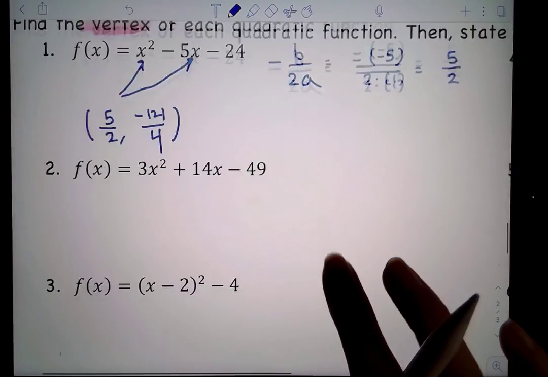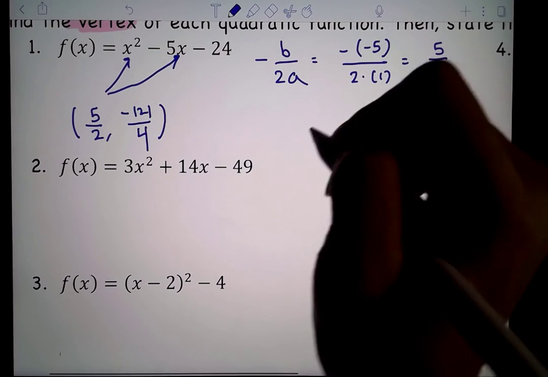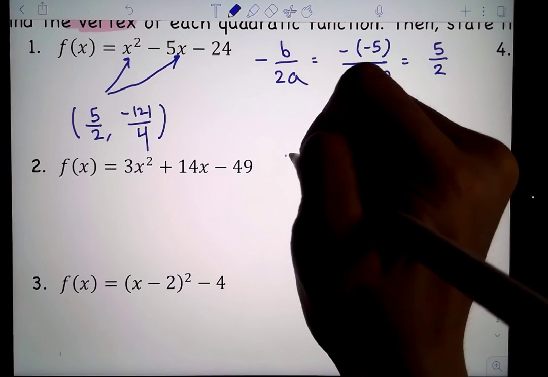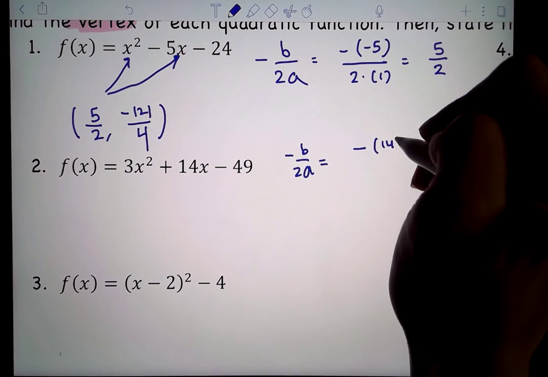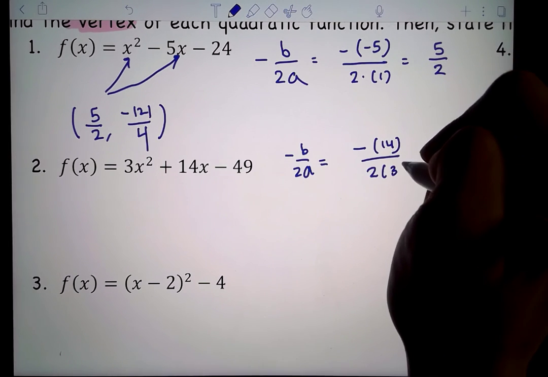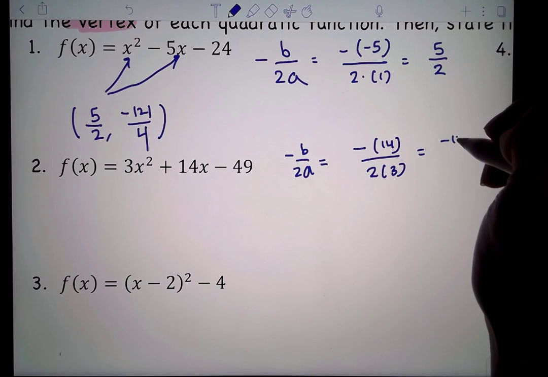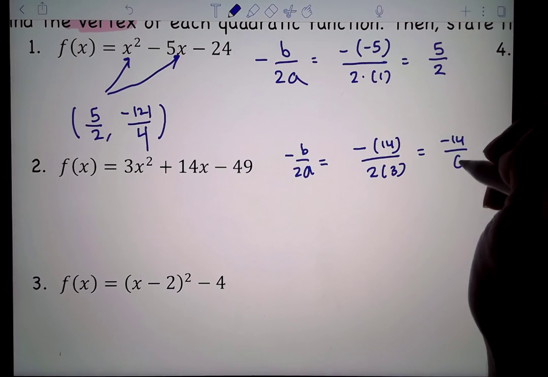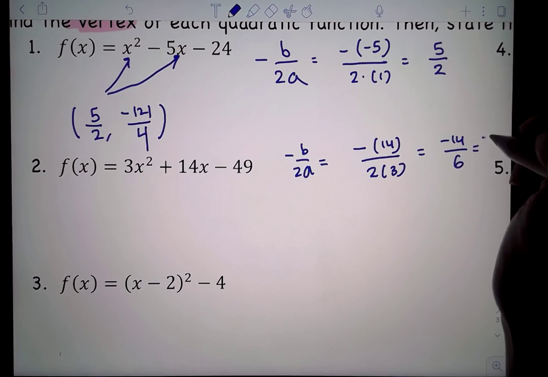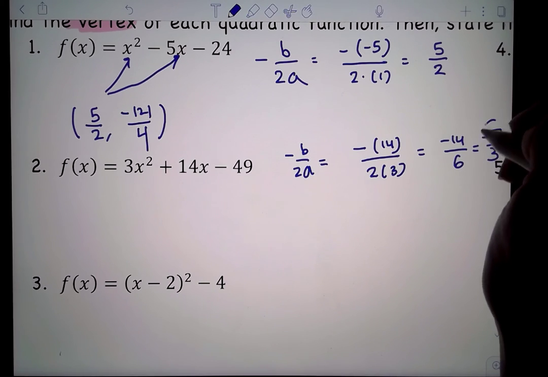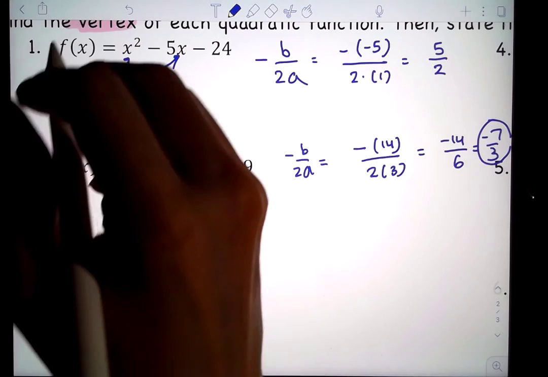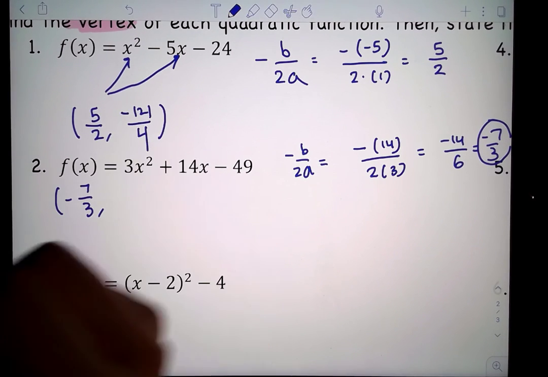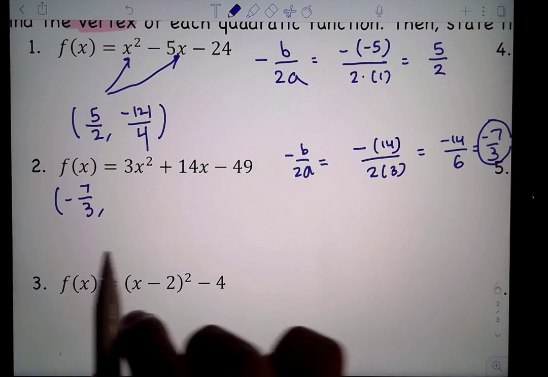Alright, and number 2. Number 2, same thing, negative b over 2a. Then we get negative 14 over 2 times 3. So you get negative 14 over 6, which is negative 7 over 3. Right? And you put that in.